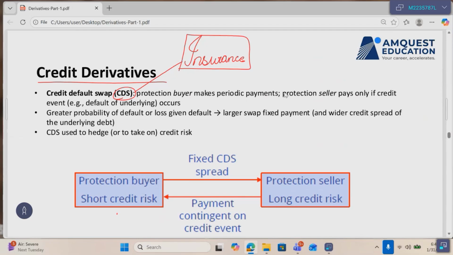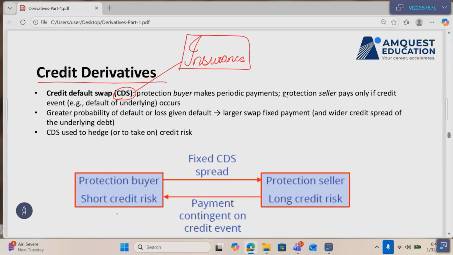Same thing happens in a CDS. You are paying a premium to the company and they will pay you money in the event of death of the credit of the party you're protecting. Death means default or insolvency.